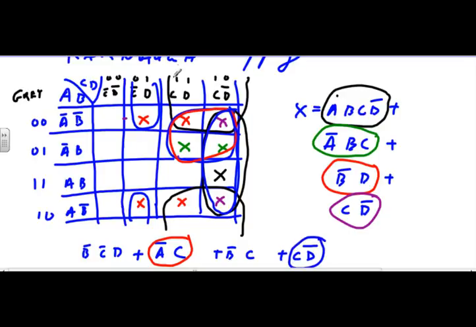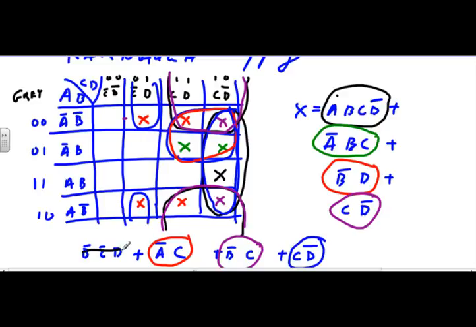Then I come on these four, coming down this way and coming like that, and I ask myself the same question. What do they have in common? Well, the B naught is in common. A doesn't matter. And the C matters, but the D naught doesn't. So B naught, C. And then there's two left over. I'm going to do something different.